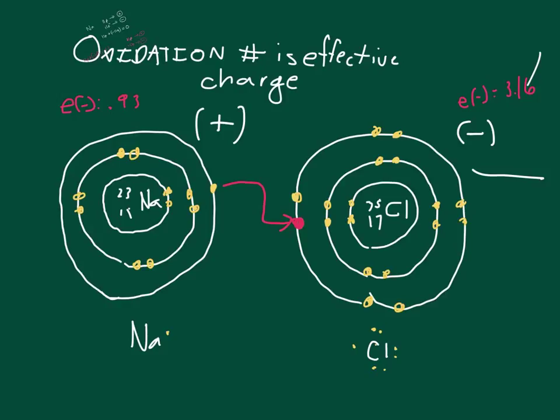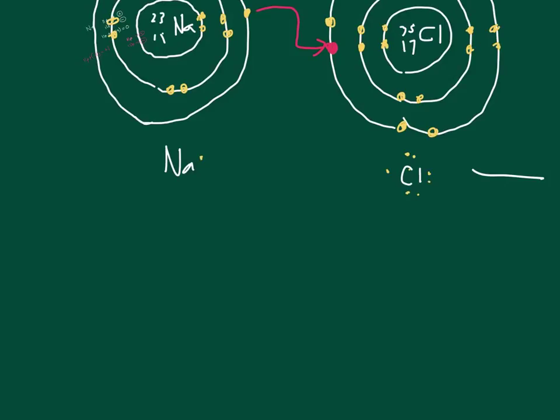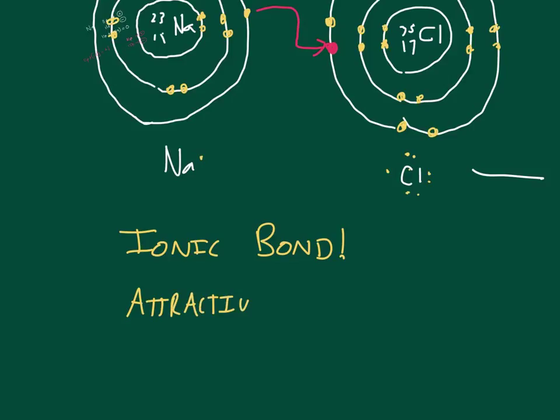So the force from the sodium and the chlorine brings them together, and we make a type of bond which is called an ionic bond. And that ionic bond is actually from the attractive force between the different charges.